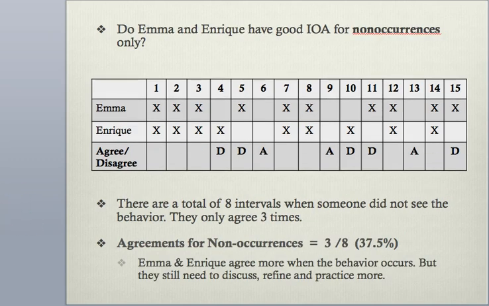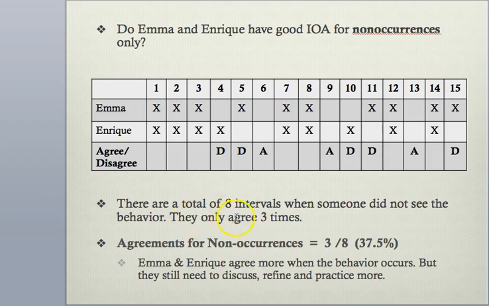Now we can also go back and look at non-occurrences. So now you'll notice most of our data is no longer scored because there are a number of places where they agree that the behavior did occur, and we don't care about those. What we do care about is where they either agree that it did not occur, or at least one person thought that it did not occur. And there are a total of 8 of those intervals when at least one person did not see the behavior occur, and possibly the other person did.